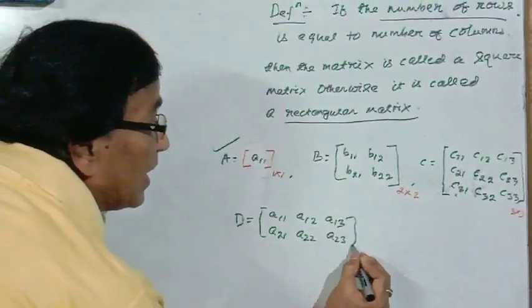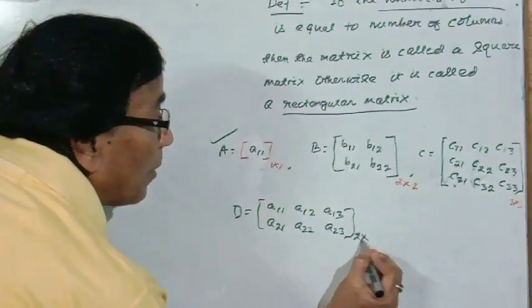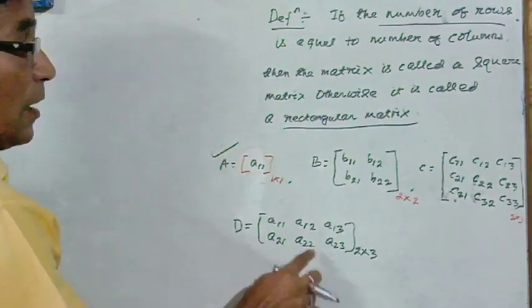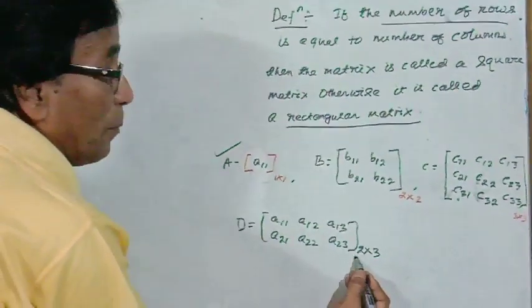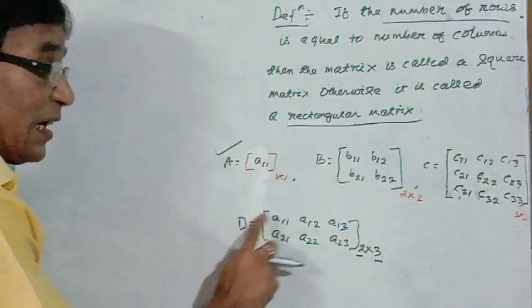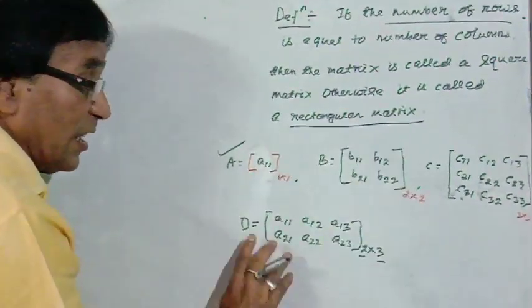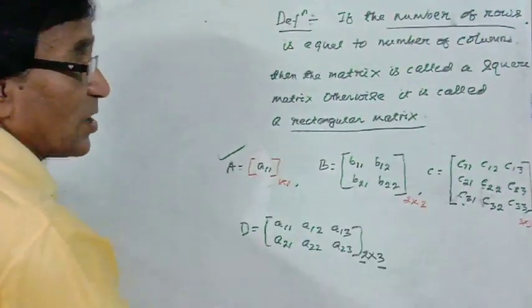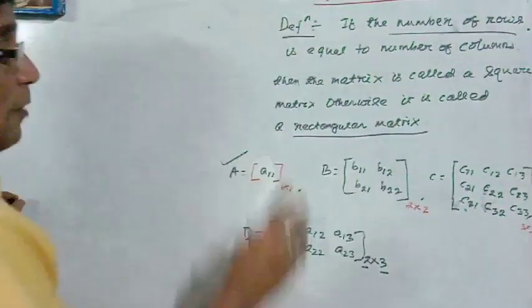Here you see that it is a matrix of which order? Of order 2 cross 3. That means it has 2 rows and 3 columns. So since here the number of rows is not equal to the number of columns, we will say that this is a rectangular matrix. It is not a square matrix. So if a matrix is not a square matrix, then it is called a rectangular matrix.